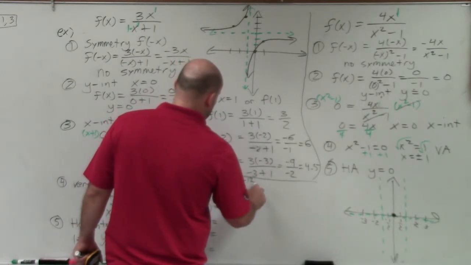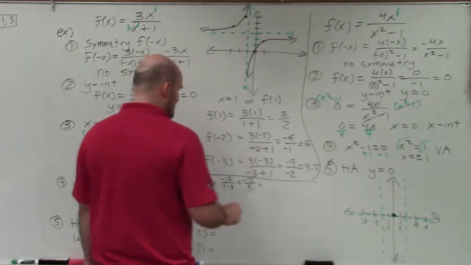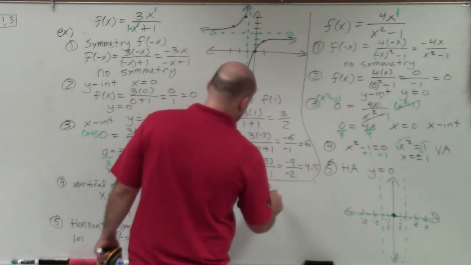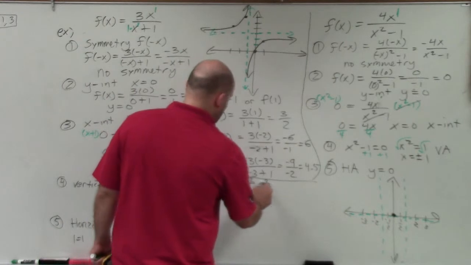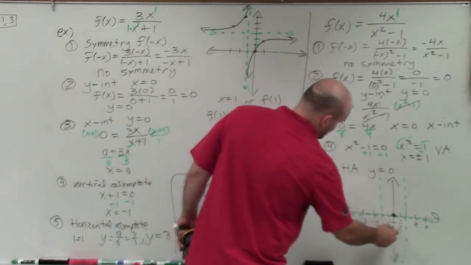So that's going to be negative 12 over 8, which equals, dividing by 4 on top and bottom, negative 3/2. So at negative 3, I'm at negative 1.5.